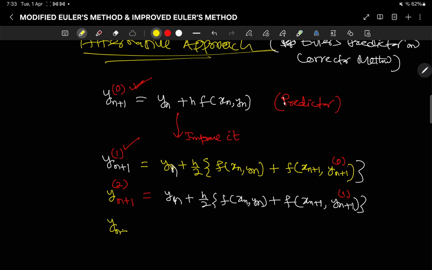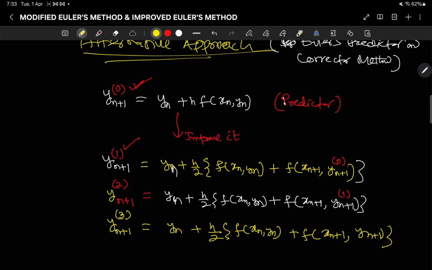It is my y_{n+1}. The third improvement here is y_n + h/2 [f(x_n, y_n) + f(x_{n+1}, y_{n+1})] with the same formula, and this improvement is taken from this, right?